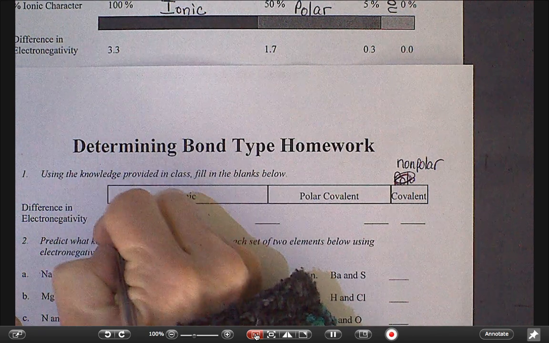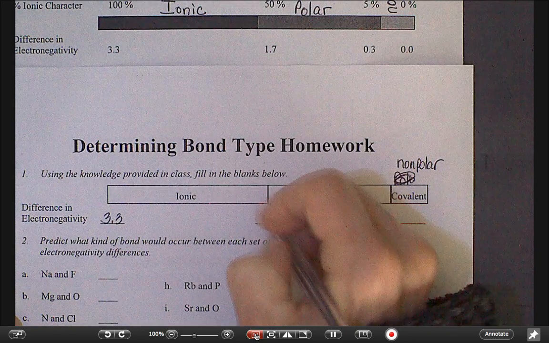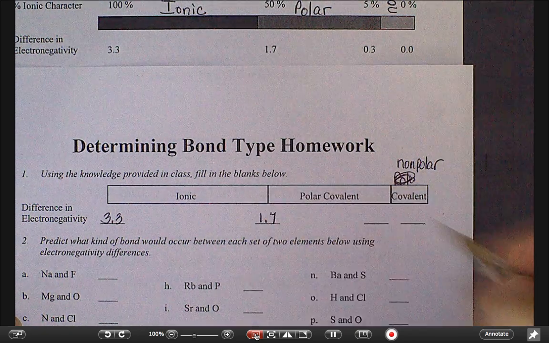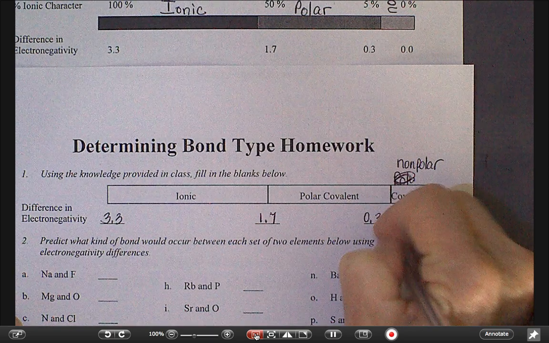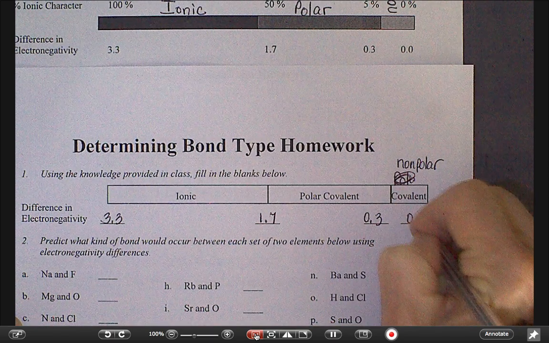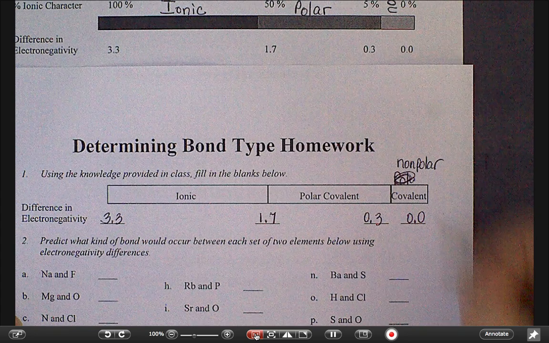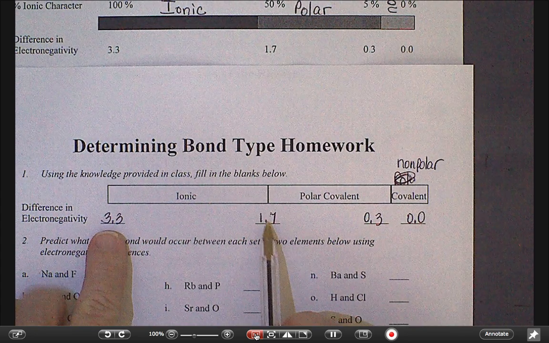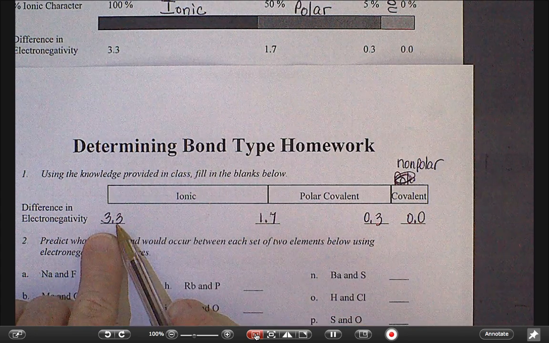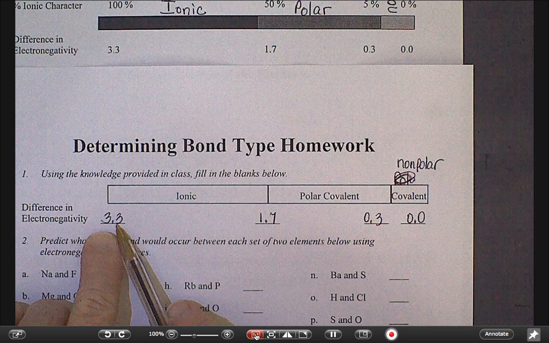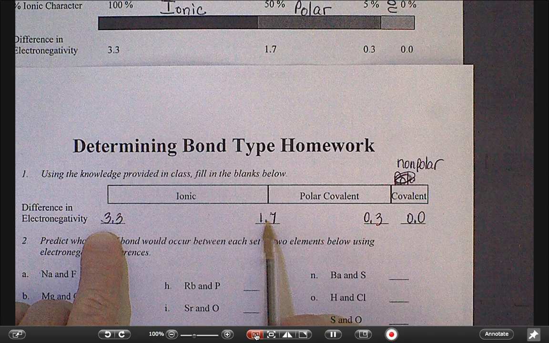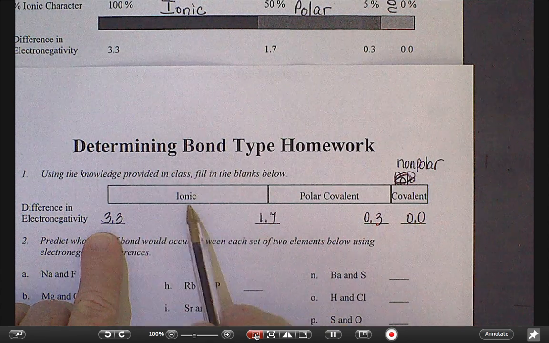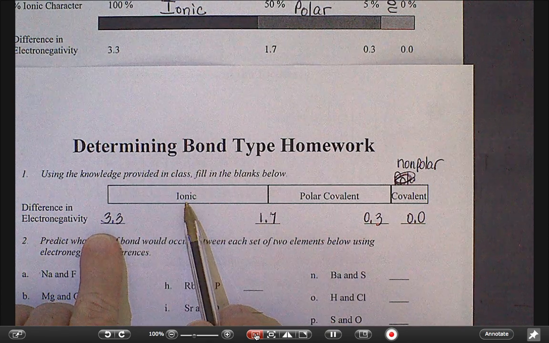So this one is 3.3, 1.7, 0.3, and 0.0. So between 1.7 and 3.3, when you subtract the two electronegativities, if it falls between this sliding scale, it's classified as ionic.